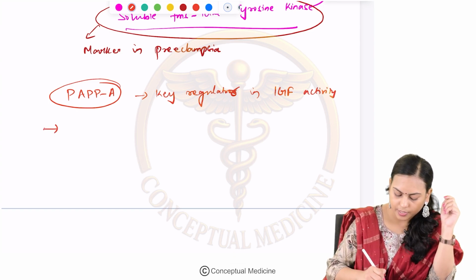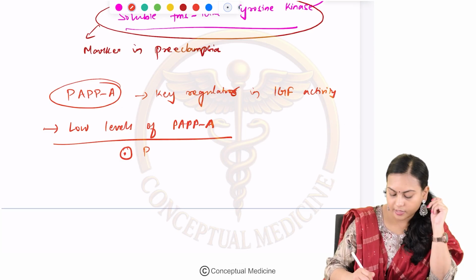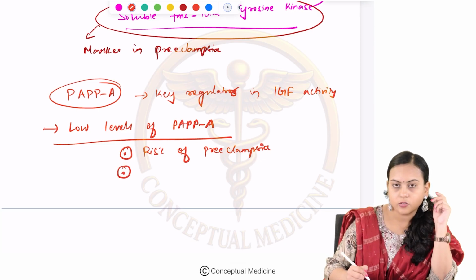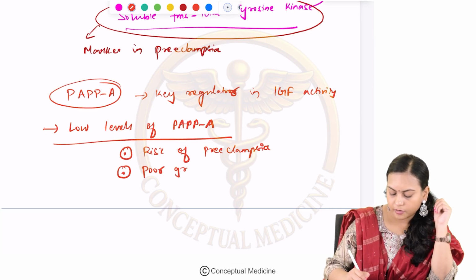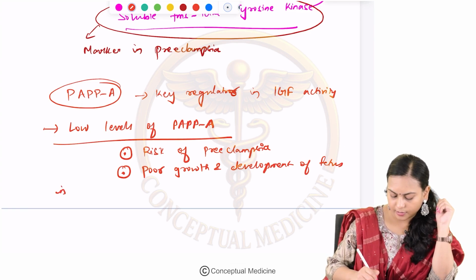Basically, low levels of PAPP-A are seen when there is a risk of preeclampsia, and also it marks poor growth and development of the fetus in the second trimester.